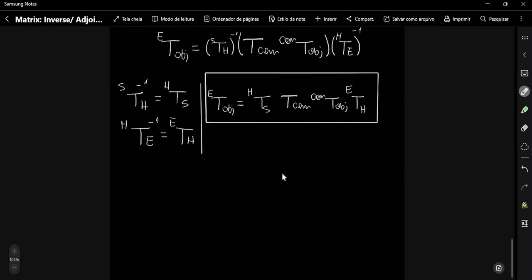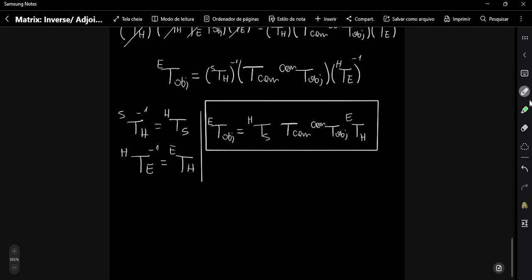Okay, so now, as we rewrite the equation without the inverse transformations, we don't need to worry about the detail of calculating the inverses.